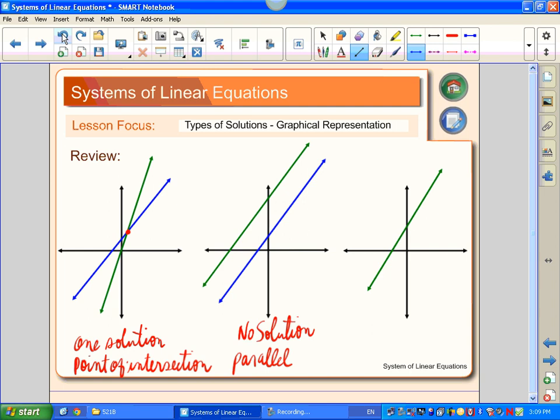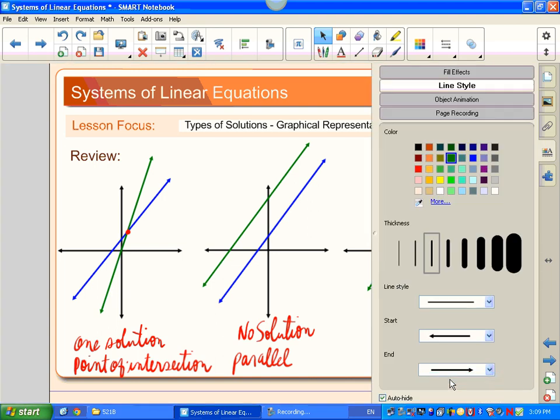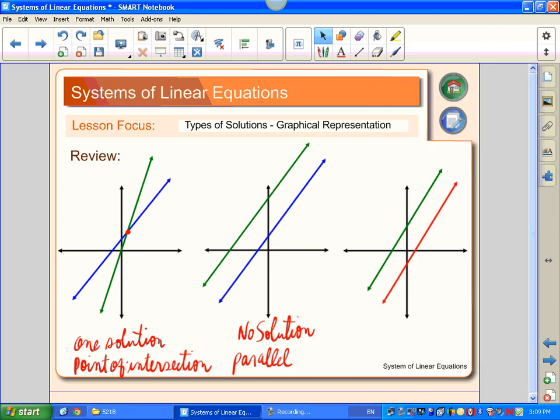We'll clone this because we have another line, and this line actually is going to be directly on top of this first line. If I draw the line and I lay it right on top, what is the solution? Well, every point here is common. So we say that there's infinitely many solutions.